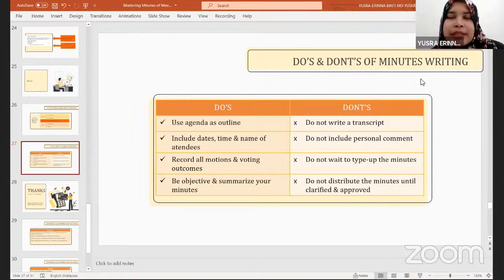Better to mention names. Because the purpose of minutes of meeting is to record who mentioned what. We want to know the source of, say, Rehan mentioned this idea, moved this new idea. We want to know where the idea comes from.